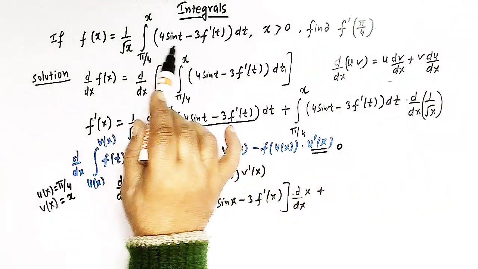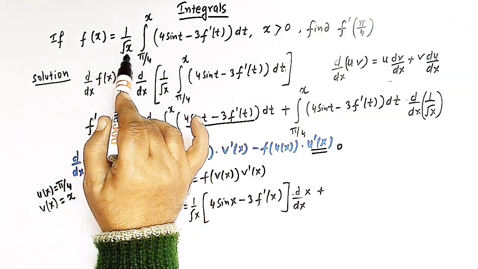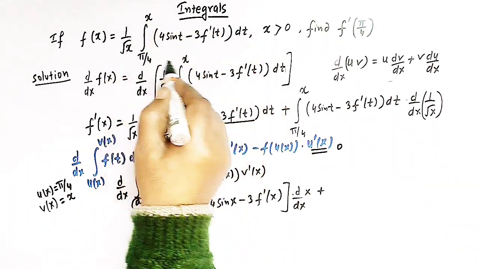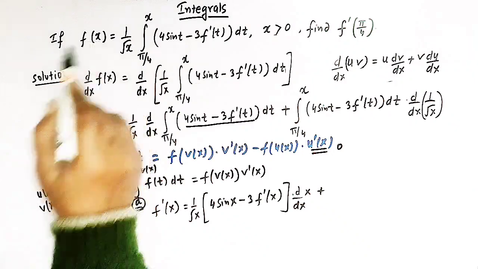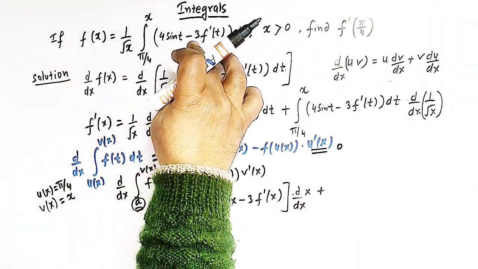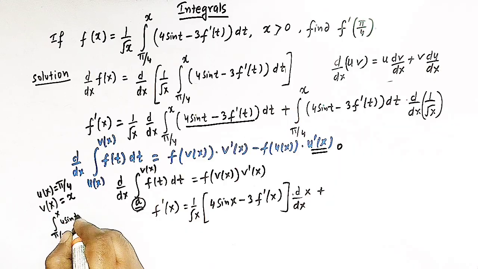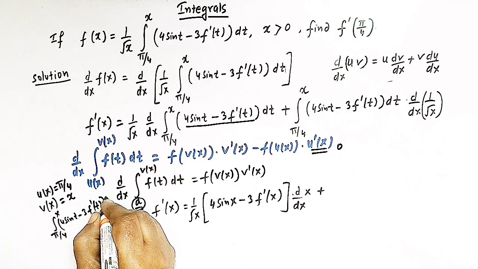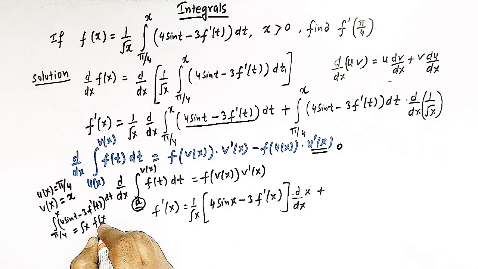Now if we look at this expression, that is f of x is equal to 1 over square root of x times this integral, then the value of this integral can be written as root x times f of x, because from this expression we can write the integral from pi by 4 to x of (4 sine t minus 3 f prime of t) dt is equal to root x times f of x.